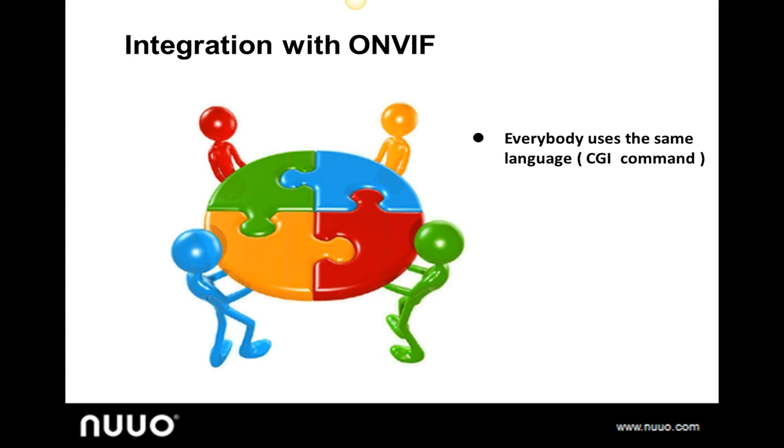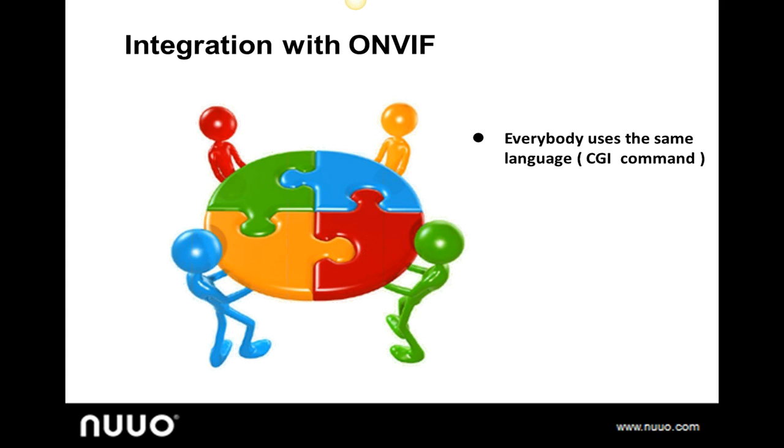That's the problem, because there are so many different camera manufacturers. VMS vendors like us, Nuo, we really have big trouble because we have to integrate so many cameras from so many different manufacturers.